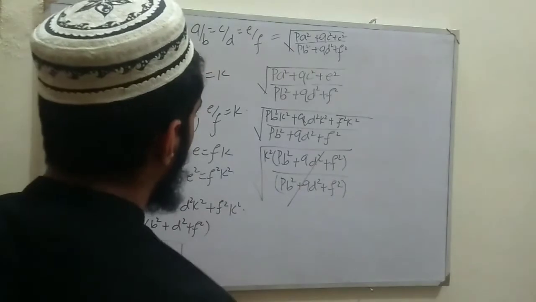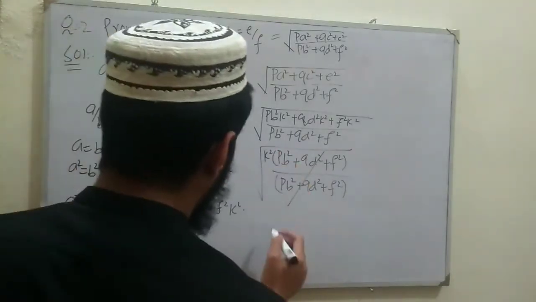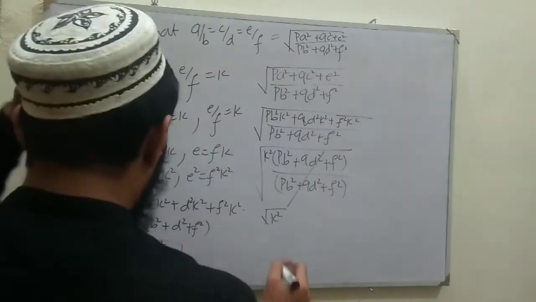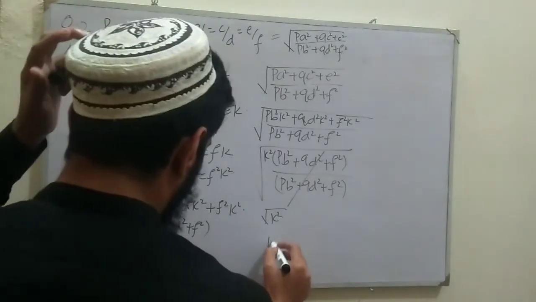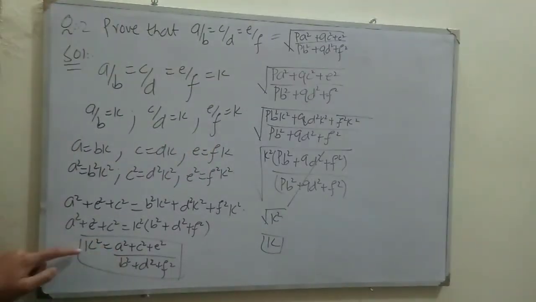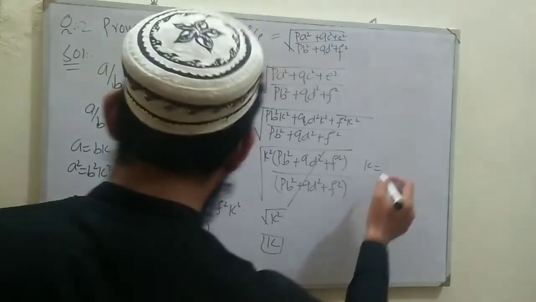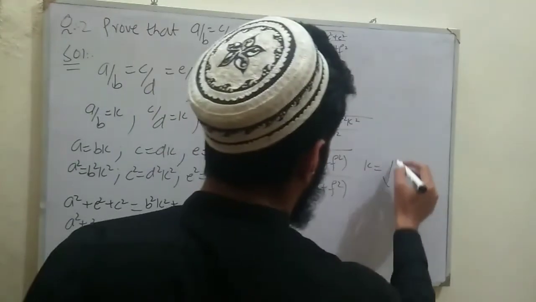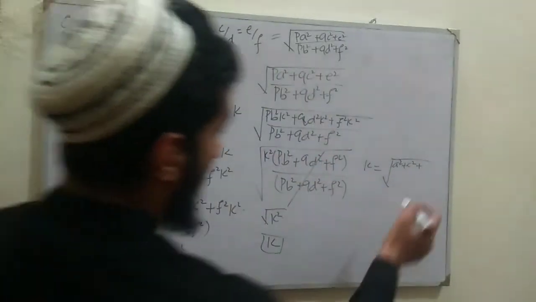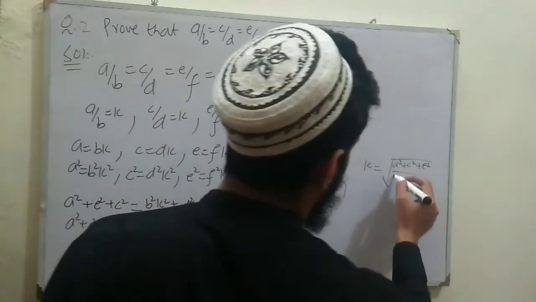So we are just left with under root of k square, and under root of k square is equal to k. And here if we take under root, the value of k becomes under root of a square plus c square plus e square divided by b square plus d square plus f square.